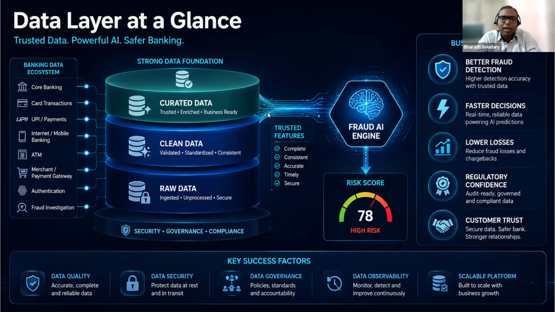Higher fraud detection: better data given to the AI gives better information for detecting suspicious behavior in future transactions. When genuine data is given to the AI, it helps the customer detect suspicious behavior on their accounts or cards. Faster decisions: real-time data enables immediate fraud detection.